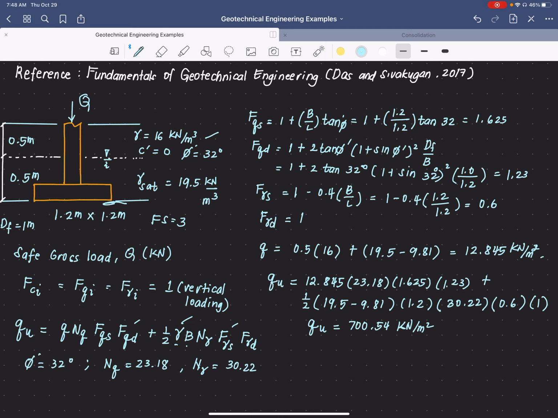But what we want is the load Q, which is applied on our footing.